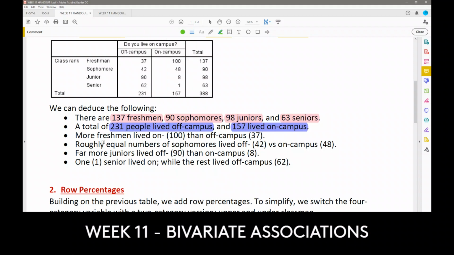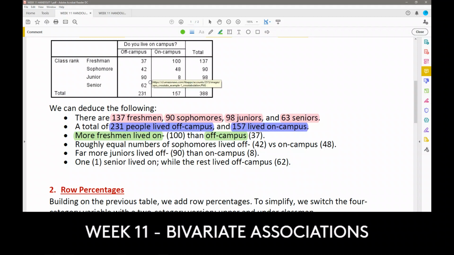We can also look at the number of freshmen who lived off campus and on campus, and we can see that there are more freshmen who lived on campus, 100, than off campus, only 37. And that makes sense because when you're a freshman and you move to college, you more than likely situate in the dorms and whatnot.